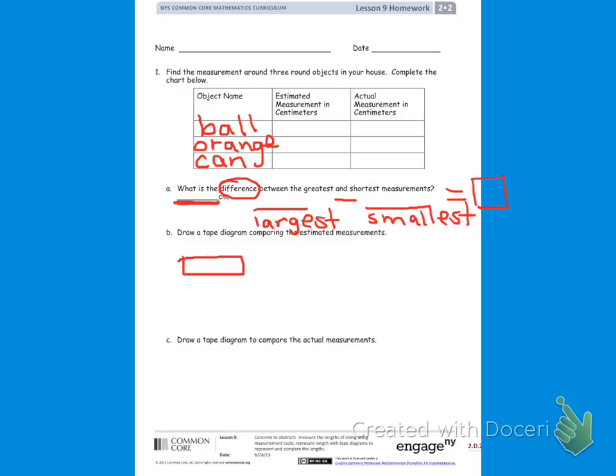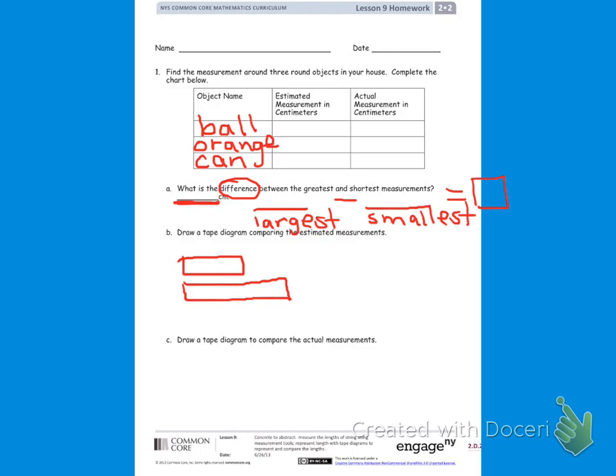And then the number that I estimated would go above it. And then I think that my can would be the next largest. So I will go like this for my can. And then put the number above it or even inside of the rectangle.